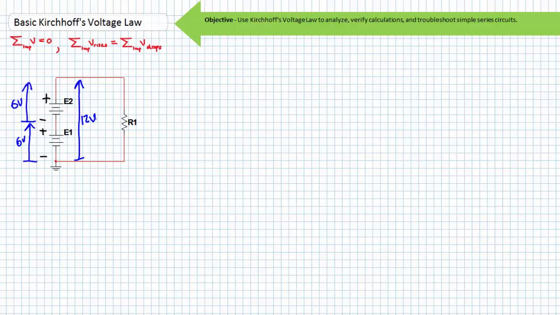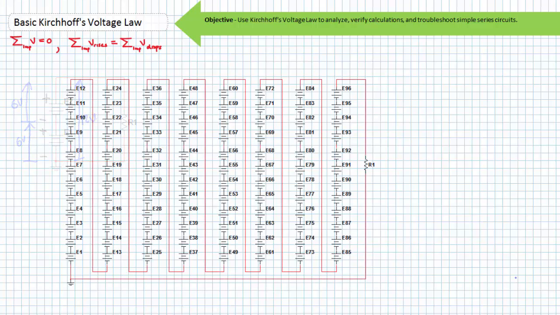You may have previously seen a configuration like this, for example on a recreational vehicle with two 6-volt deep cycle batteries hooked in a series configuration to produce 12 volts to run adjustable loads like some DC lights, water pumps, or a refrigerator. Another example of a series aiding configuration of multiple sources is a string of 96 3.7-volt lithium ion batteries.